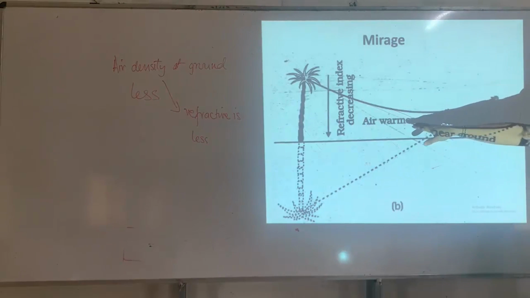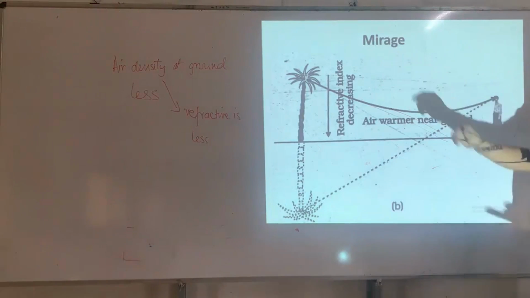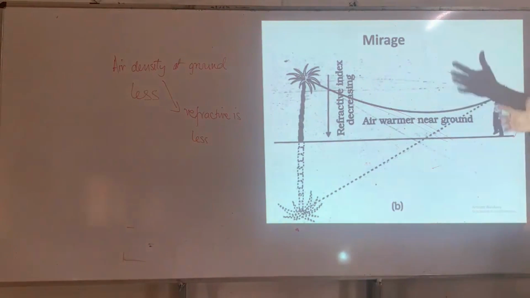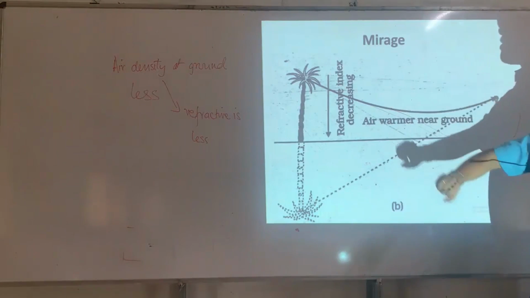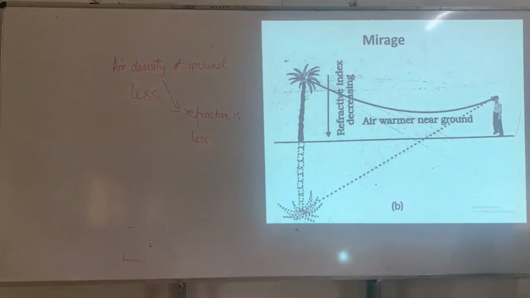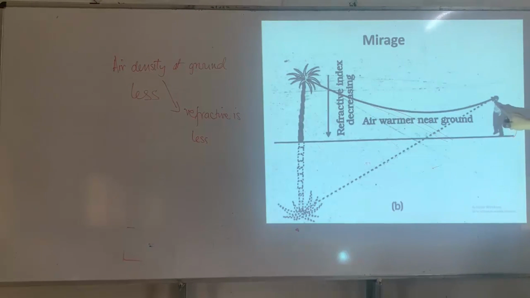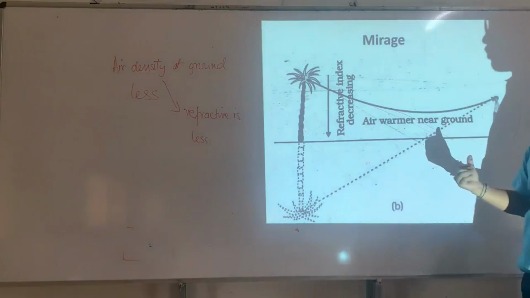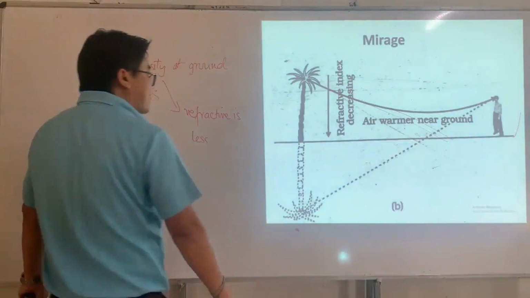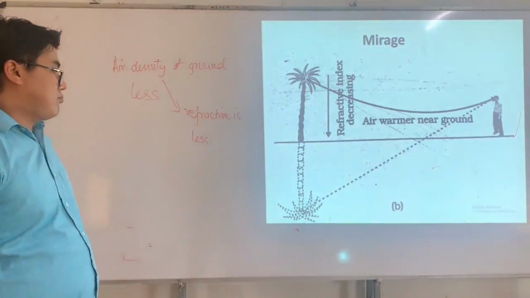This is warmer air near the ground, having a less refractive index, and this is a little cooler, less warm region, with more refractive index, and light undergoes continuous bending. This person feels that there is a reflection of a tree taking place at the ground, which is all because of water.